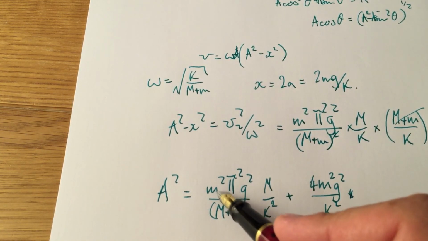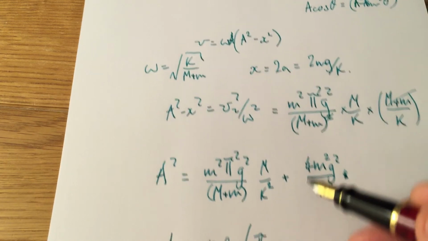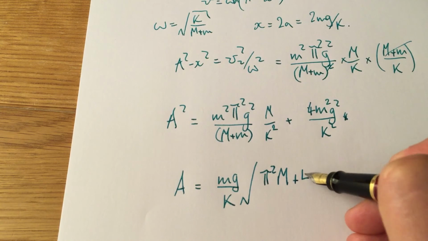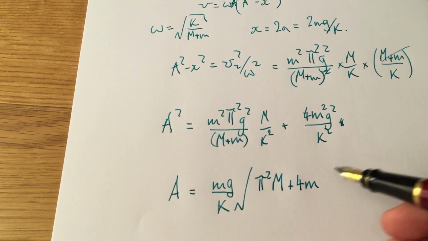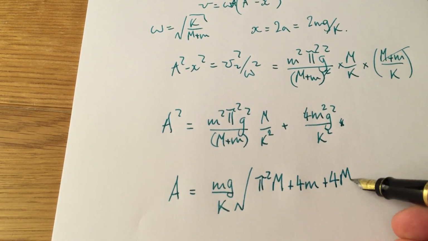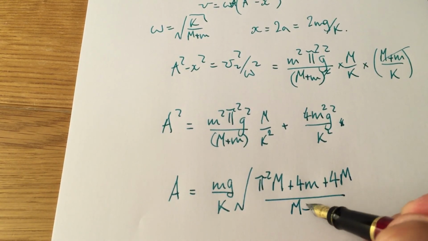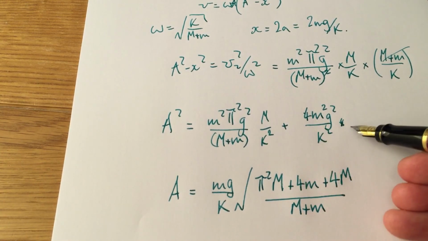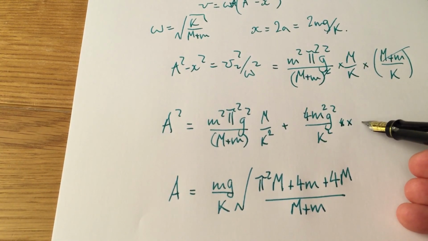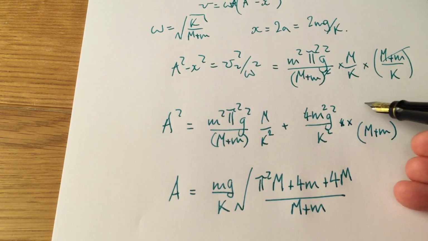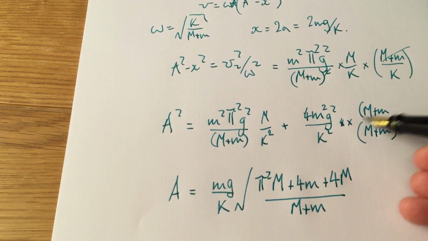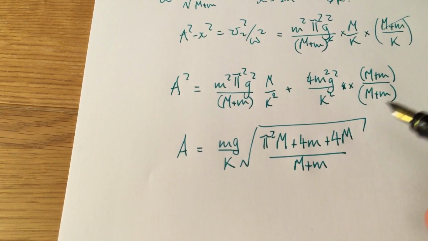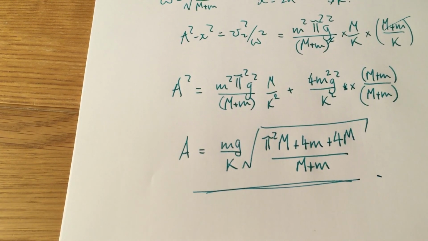So that leaves me with pi squared m plus 4m plus 4m over m plus m, because if I get a common multiple of this, I want to multiply by m plus m, which gives me an m plus m across the top. That's right. Whew. Okay, not easy, but there's a solution.